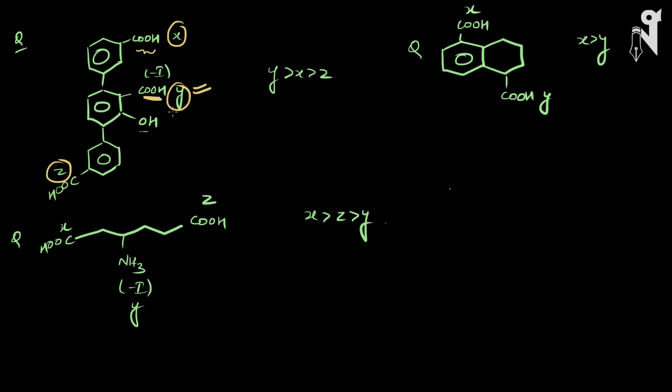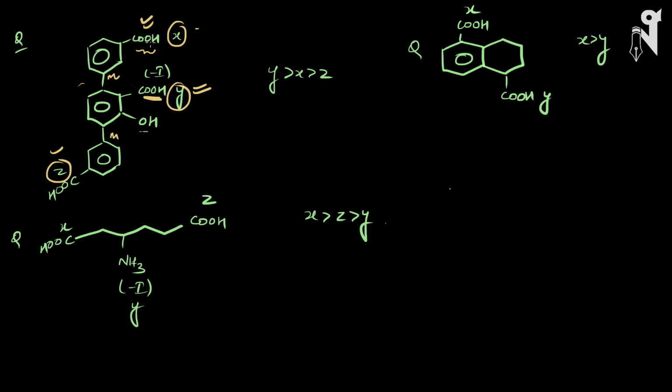should be more acidic. Now compare X and Z. In the case of X and in the case of Z, this whole group which is present is on the meta position, right? And exactly the same way, with respect to Z, the other things are present on the meta position. So we are not going to consider any resonance effect from the meta position. The only thing which can affect the acidity of the COOH is the inductive effect, if there is any.